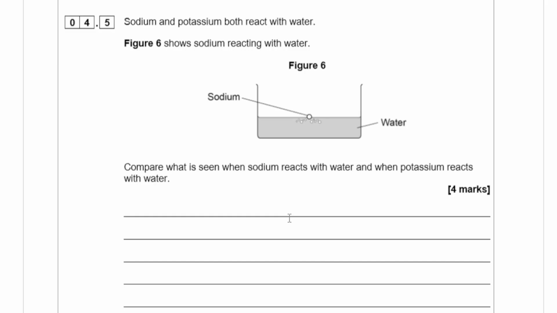Sodium and potassium both react with water. Compare. Figure 6 shows sodium reacting with water. Compare what is seen. So again, they're asking, make sure that you highlight that seen. What would you see when sodium reacts with water and potassium reacts with water? So in both reactions, we'll split it up.